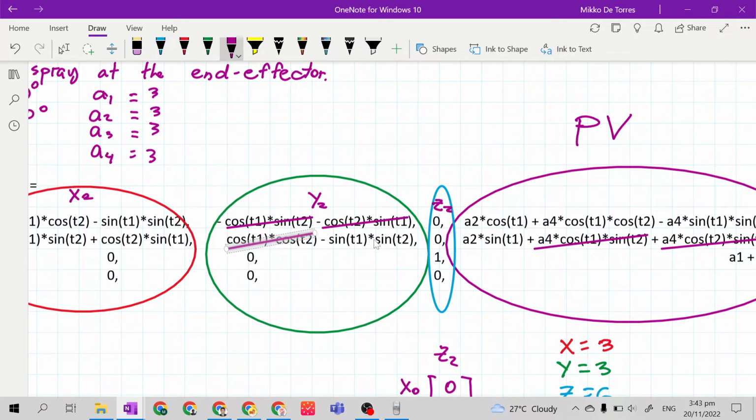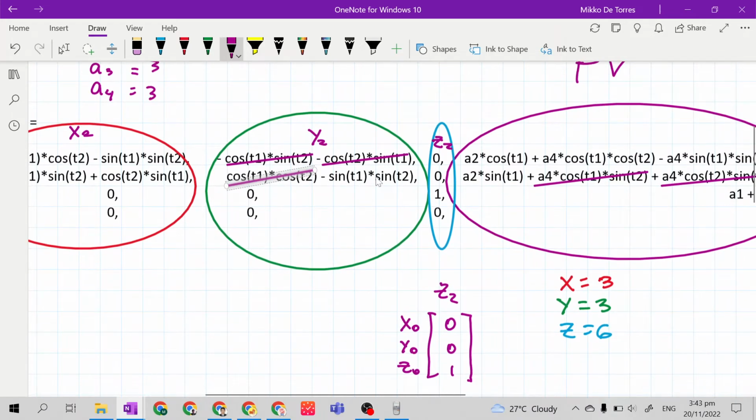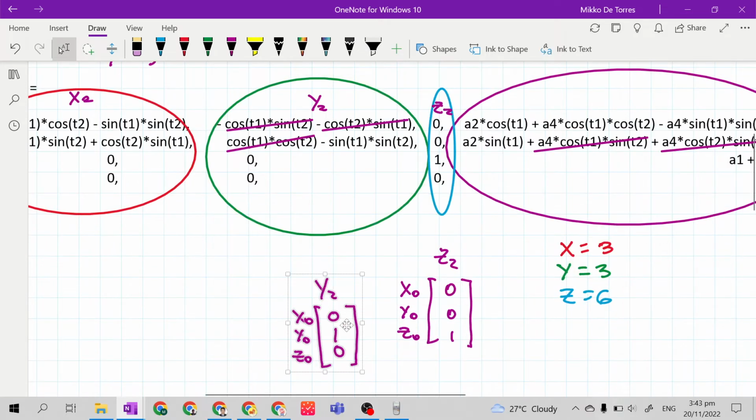Because this is a minus negative 1, it will become a plus. 0 plus 1, so we will have positive 1 for the y sub 0 column. Then the last column is 0. If we put that in a vector, the column of y sub 2 will look like this. So y sub 2 is only projected at y sub 0.